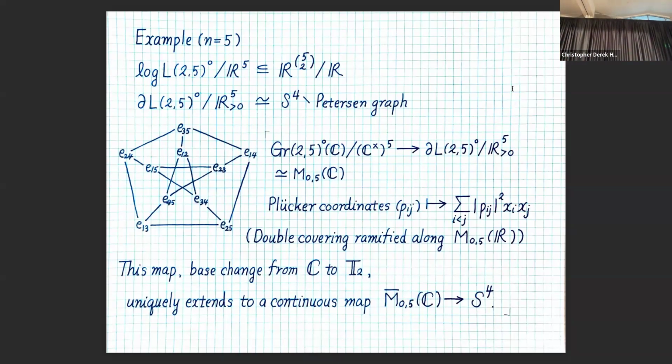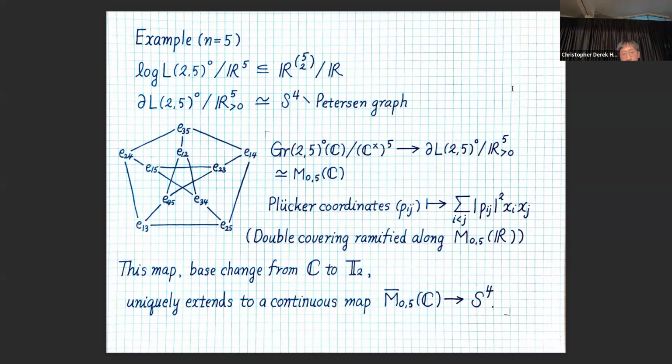because it will send a complex conjugate pair of points to the same real matrix, and it will be ramified along the real Grassmannian 2,5. And again, this map you will see is a base change from C to T2, and there is a natural morphism from C to T2, as you see.